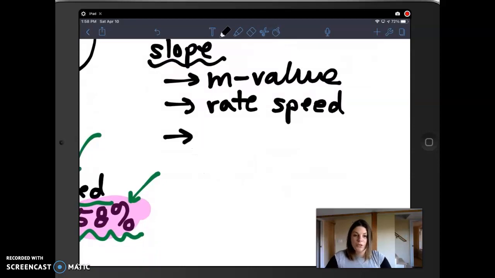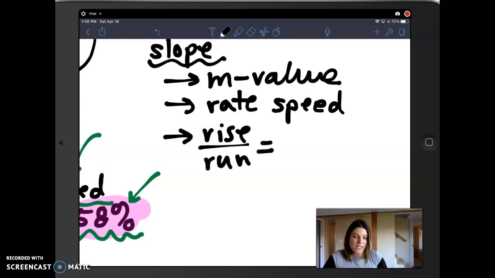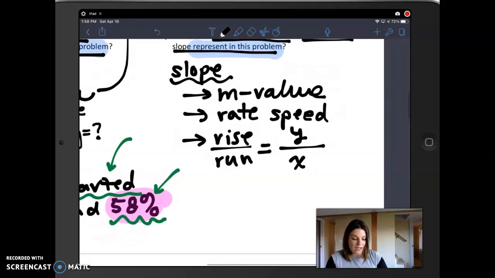And here's the most important thing for this kind of question, is to understand that the slope is the rise over the run, or just like we did in our equation, the change in y, the two y's being subtracted over the two x's being subtracted.